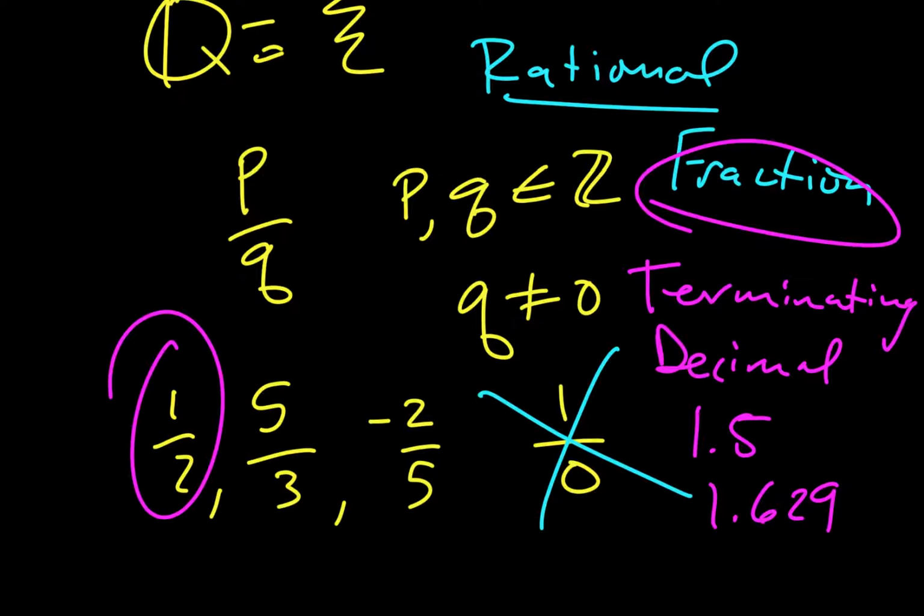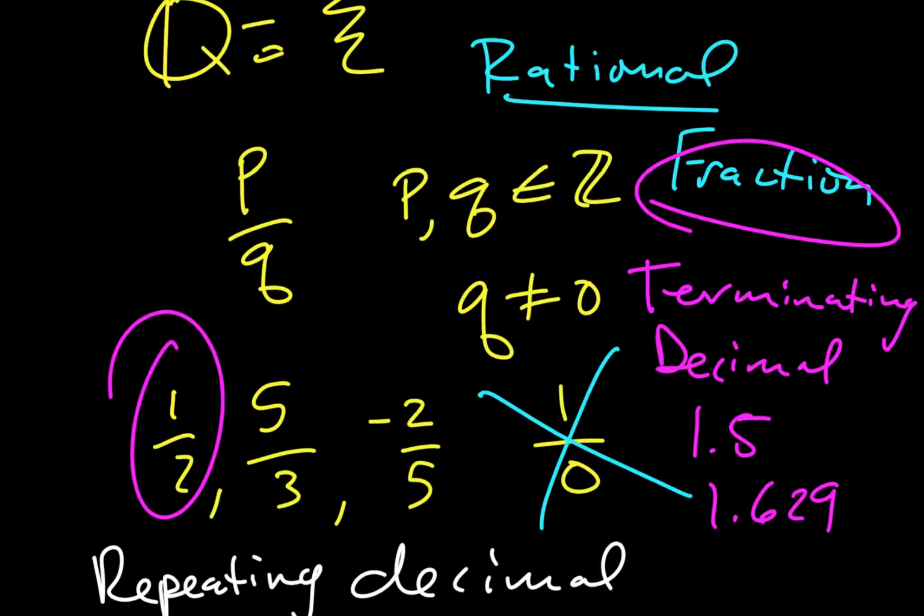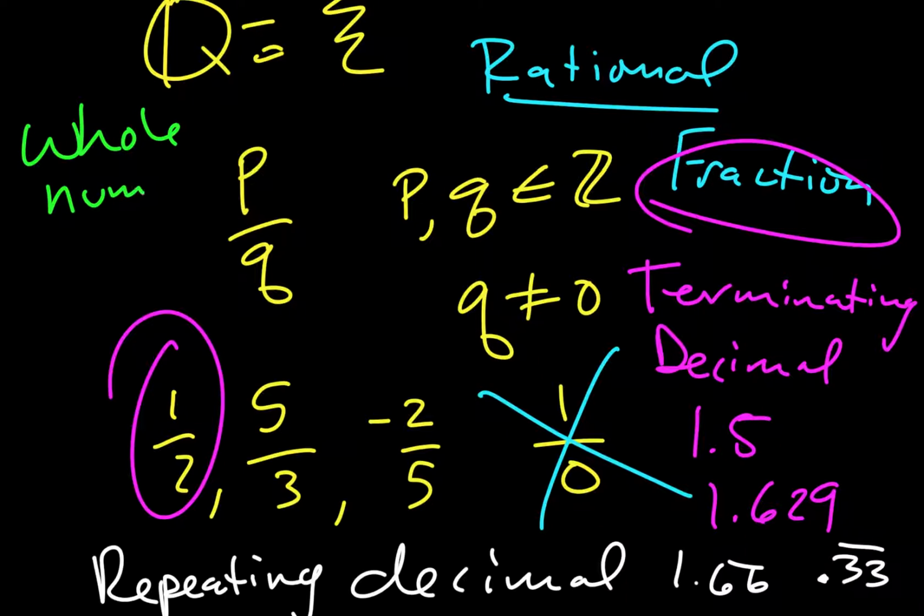They can also show up as a repeating decimal. So that would be like 1.66666 repeating; 1/3 can translate into 0.333 repeating. And the last, probably the most obvious, but maybe feels like we don't need to say it, is just a whole number or an integer, I guess we could say.